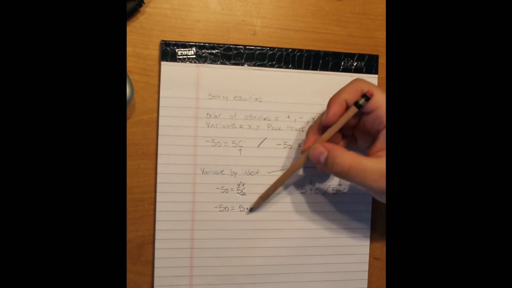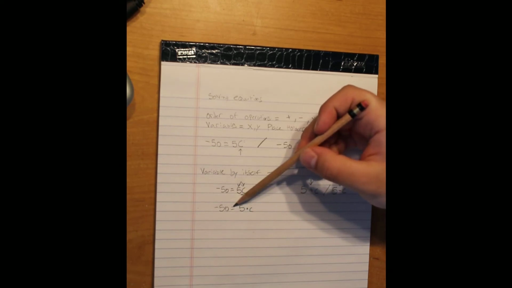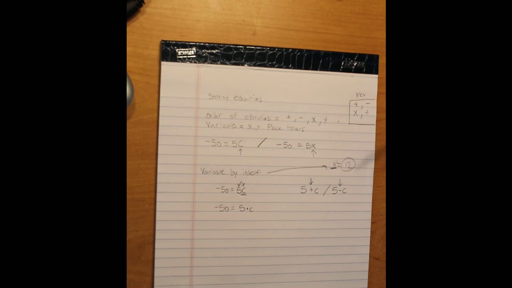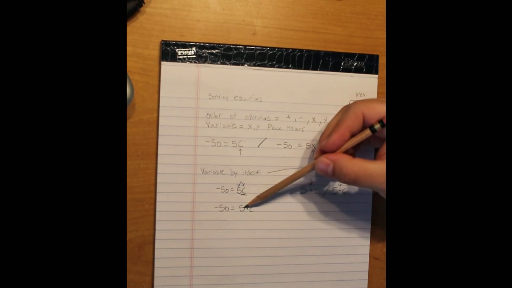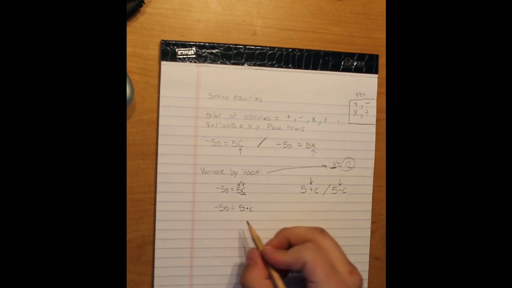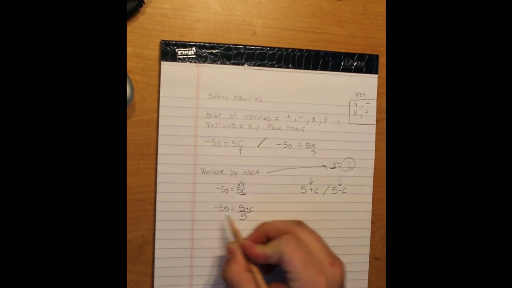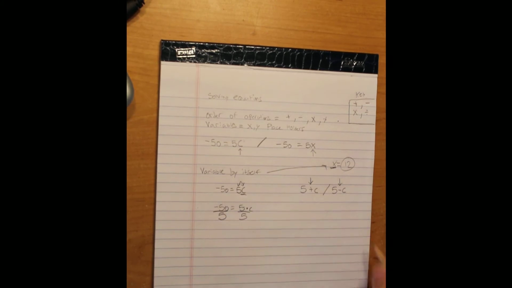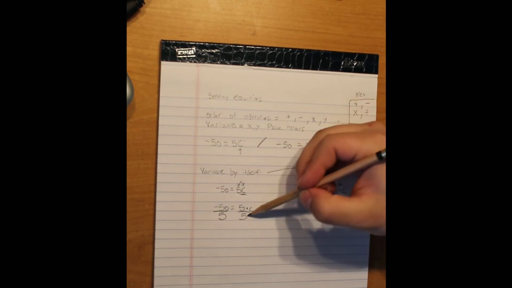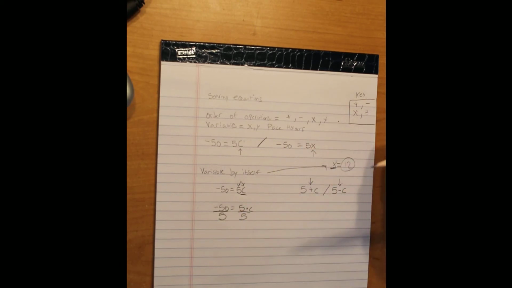Whenever we move a number or a variable over an equal sign, we have to do the opposite operation. So we're going to go back to our key. The opposite of multiplication is division, so we're going to divide this 5 to both sides. Divide by 5, divide by 5. What we do to one side, we do to the other. That's why we divided both sides by 5.